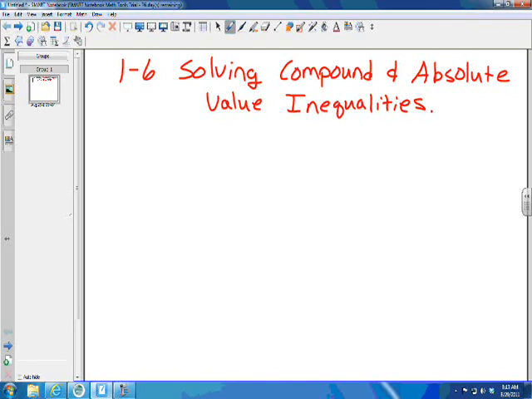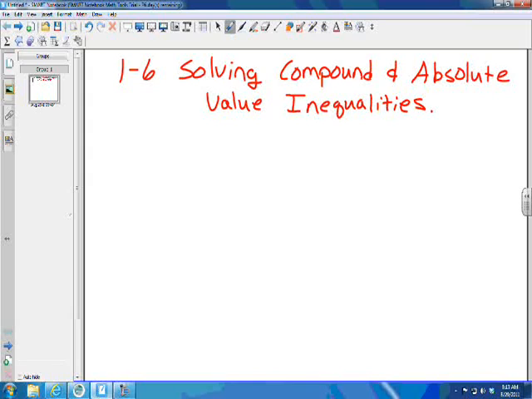There's compound inequalities first. That has nothing to do with absolute value. And then in the last half of the section, you'll be solving absolute value inequalities. So what you really need to check for every time is whether there's an absolute value in the problem or not. And then that will tell you what your first step is going to be.